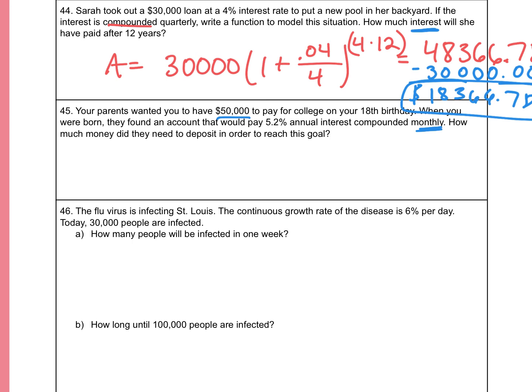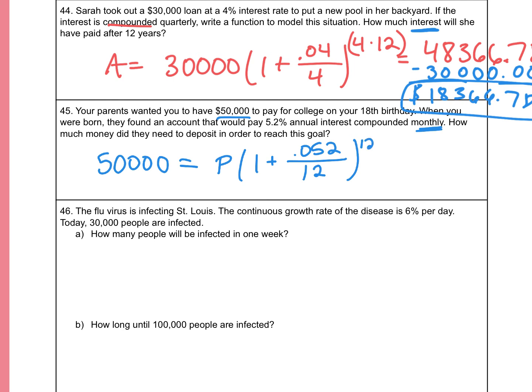So make sure, again, that you read through the question. They are wanting to know, how am I going to get you $50,000 in the end? How much principal do I need to invest right here in order for this total to be $50,000? So then you'll just plug in everything else, and again, this is just a plain old compound interest one.